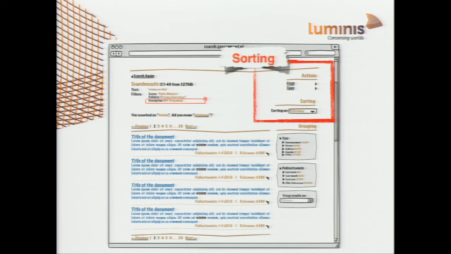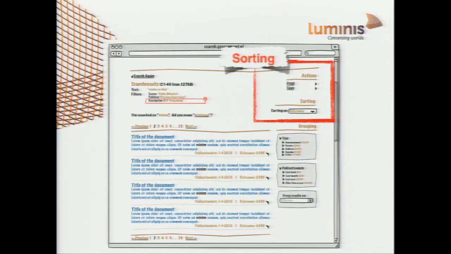Another aspect of enterprise search is sorting, because if you have a large result set, you want to influence the ranking of the results you have found. Let me give an example.